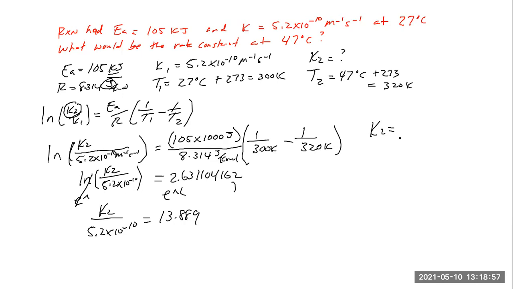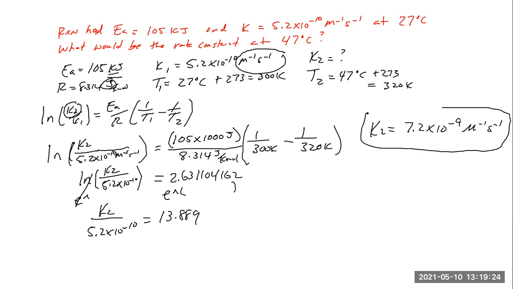And you get a bunch of zeros and a 7 at the end, or if you put your calculator in scientific notation, you'll get something like 7.2 times 10 to the minus 9. Again, it's a bunch of zeros and a 7 if you ran out of digits on your calculator. Unit-wise it should be the same units as this rate constant, which would be reciprocal molarity over reciprocal seconds.